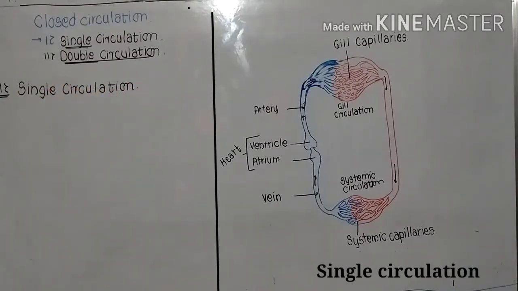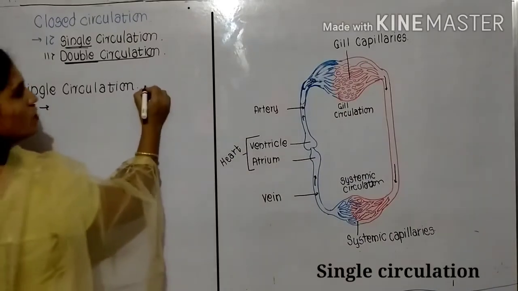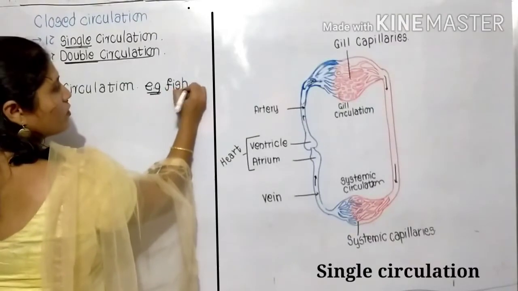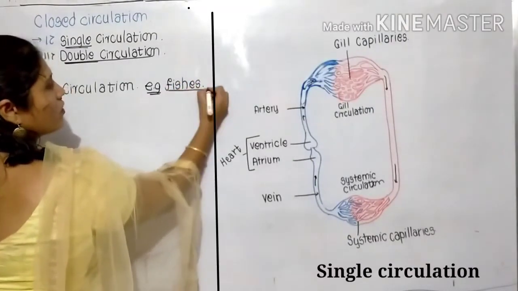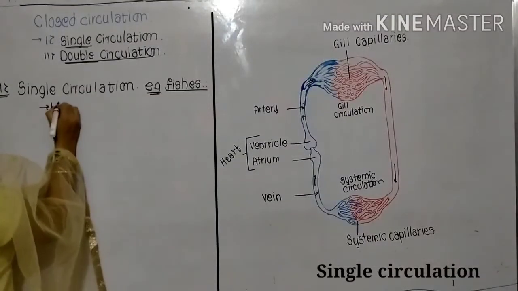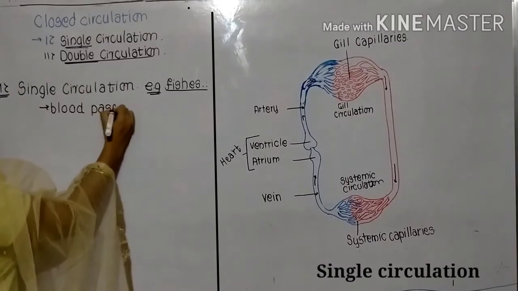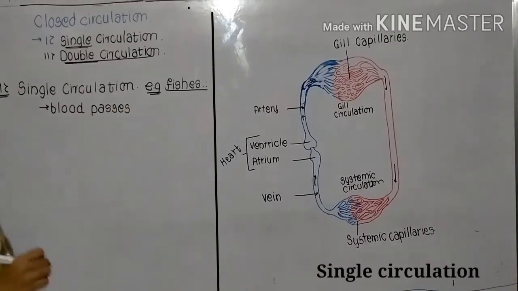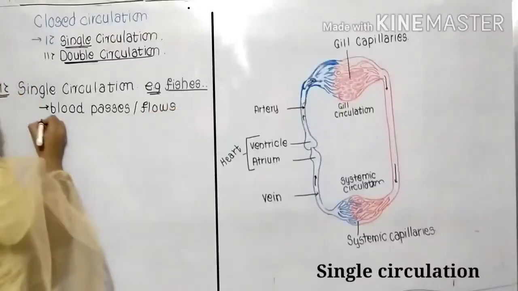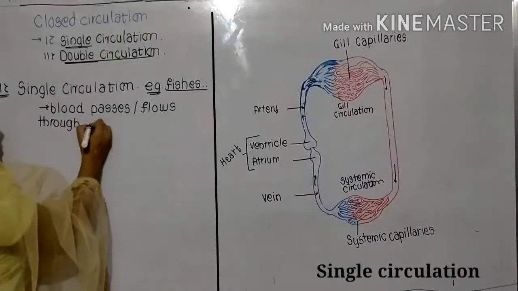In single circulation, this type of circulation mainly occurs in fishes. Blood passes through the heart only once.